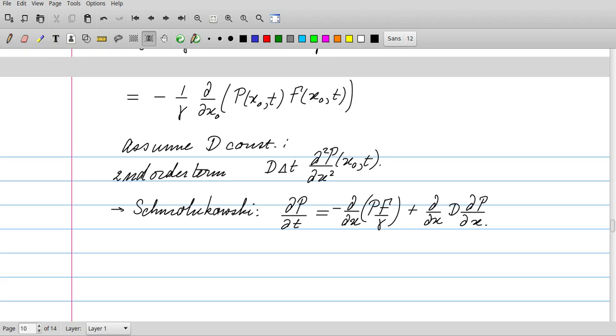The Smoluchowski equation, which is more or less like the diffusion equation. The term on the left hand side together with the second term on the right hand side give me the diffusion equation, and we see that the drift force F has introduced an extra term, minus d/dx of p times F over gamma. And obviously, we have assumed that F is constant.